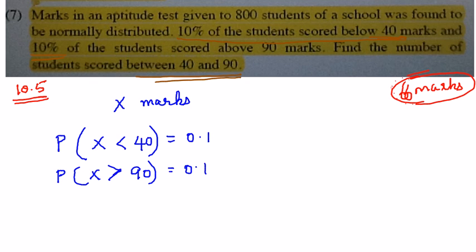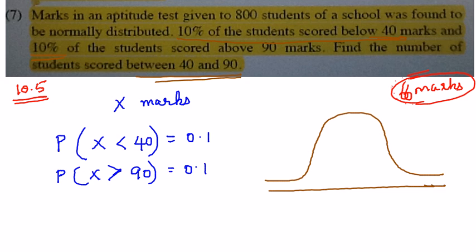If I draw the bell curve for this, where this is mu, this is the mean. See, this is the point where x is equal to 40 and this is the point where x is equal to 90.